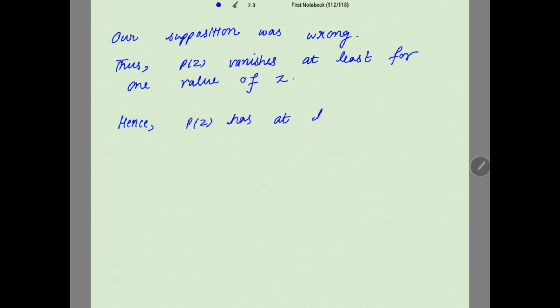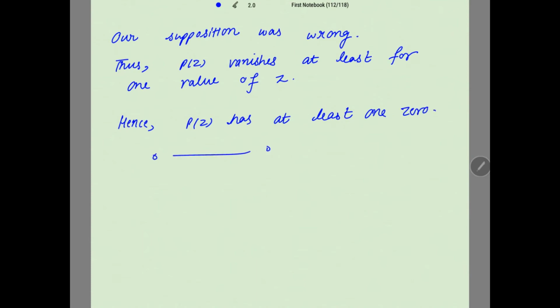This only we need to prove? Yes. It has at least one zero. Right, here the proof ends.